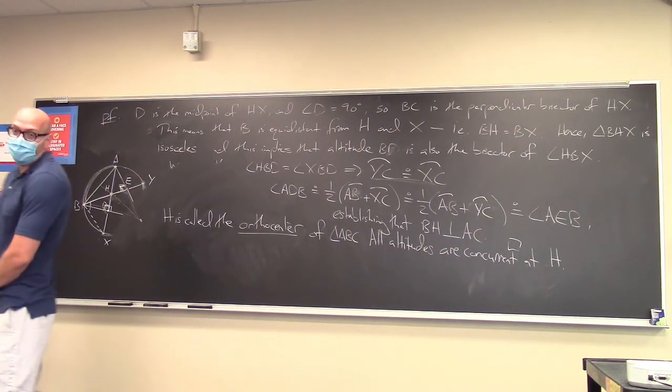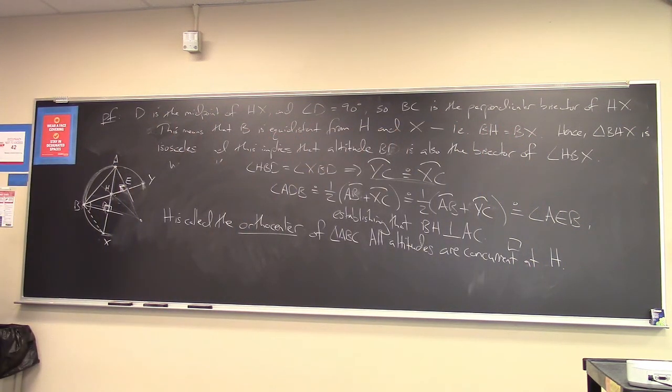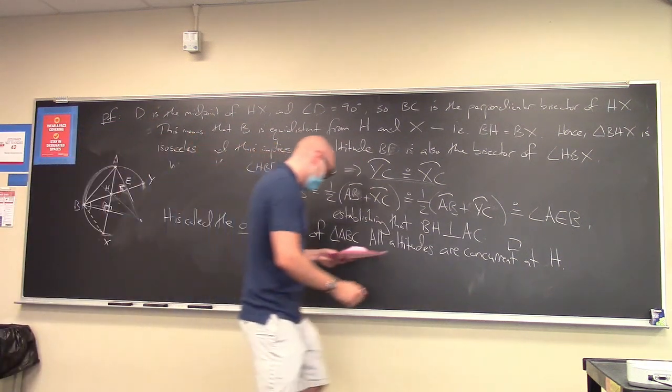What we've done is we've proven that this is true for acute triangles. It's true for all triangles, but we'll have a much better way of showing that in just a few sections, so we'll revisit this then.